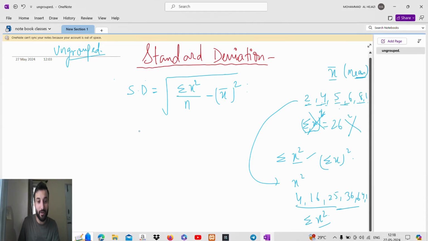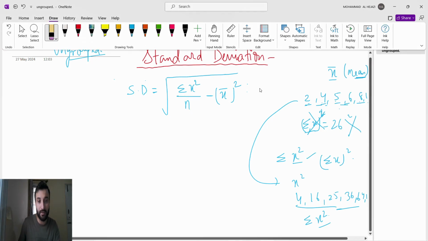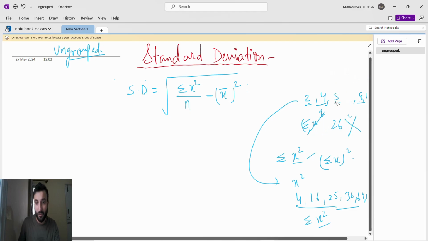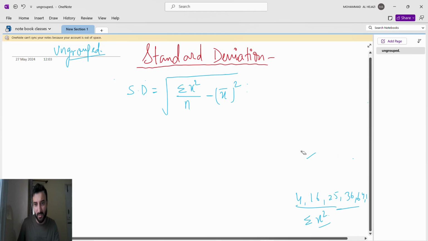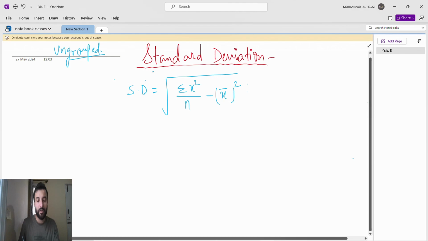Then after that, what do we know? Yes, coefficient. Guys, a very important thing here. So we get to know the standard deviation formula.